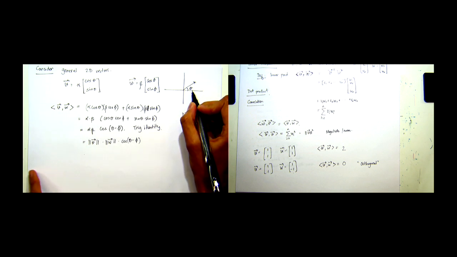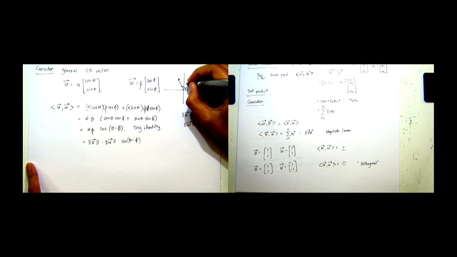So, let's say this is angle theta here. And this is some angle phi. So this is V and this is W. Okay? So how does this inner product vary as theta and phi vary? Let's say theta is fixed, right? Theta is this fixed angle. And now I have this other phi that's varying, right? If you wanted to maximize the inner product, where do you want this other angle to go?